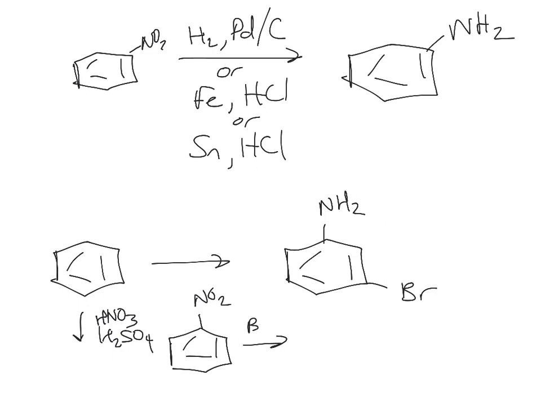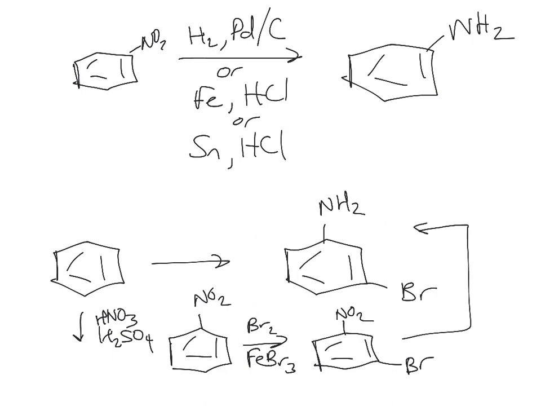Then I could add Br2 and FeBr3, and that will put my Br on, and it will add in the meta position because NO2 is a meta director. And then I could do a reduction with any of those reagents shown above, and I could reduce my nitro group to an amine. So this is one of our first examples of a multi-step synthesis.